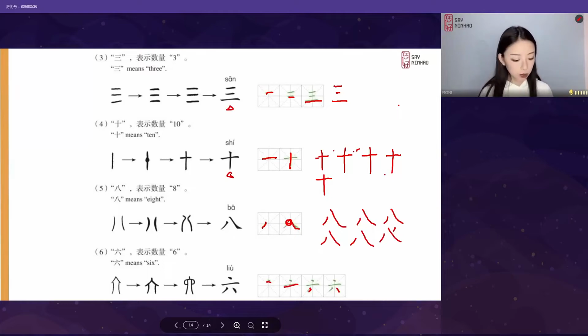Let's try to write it ourselves. A dot, a horizontal, a short left falling, and then a dot. Try to write it again. Dot, horizontal, left falling, dot. 点,横,撇,点. This is 6 in Chinese.